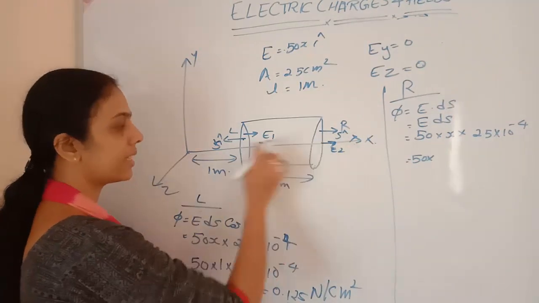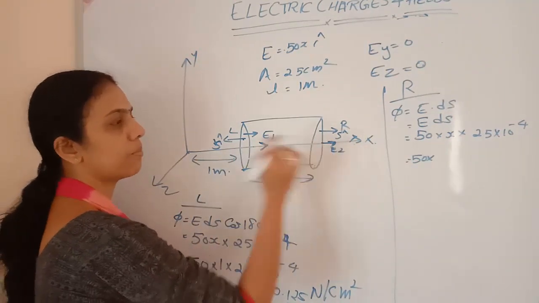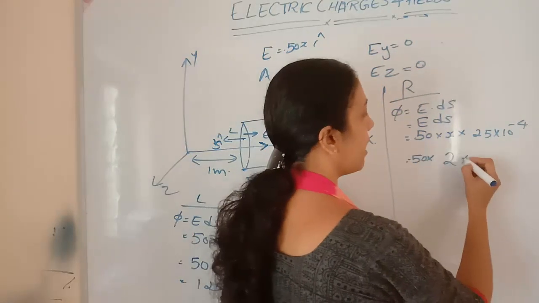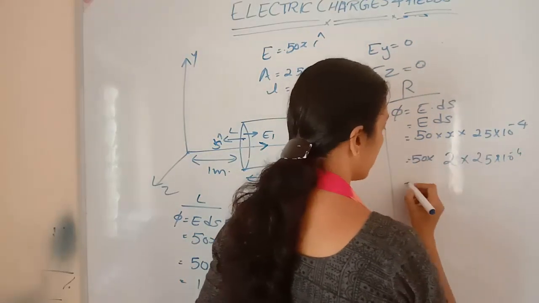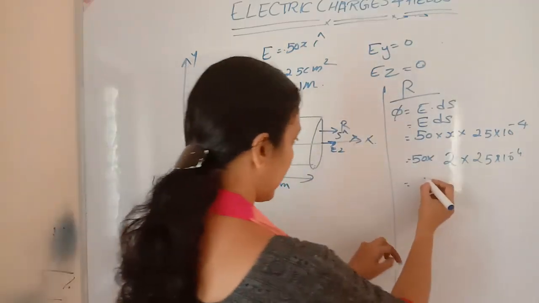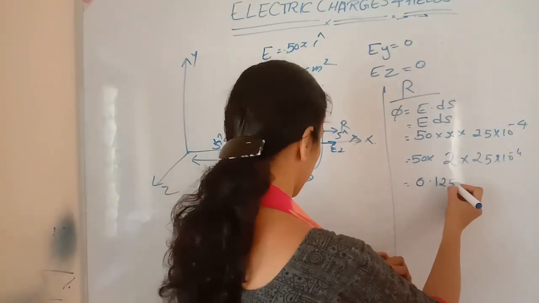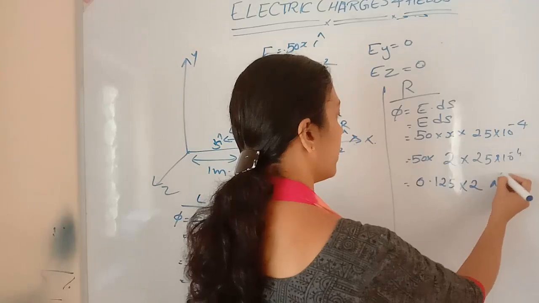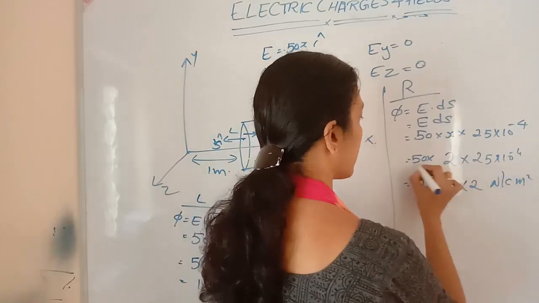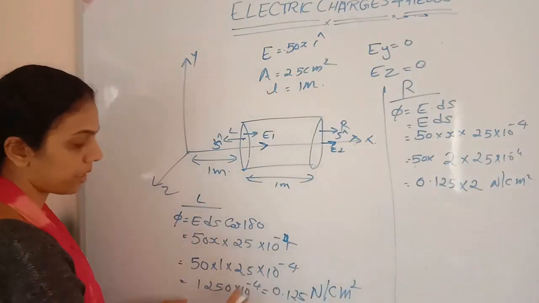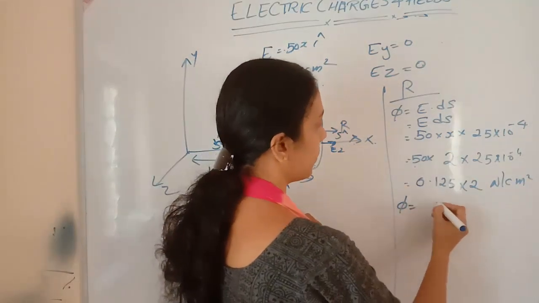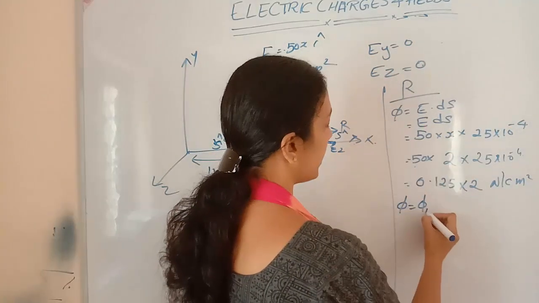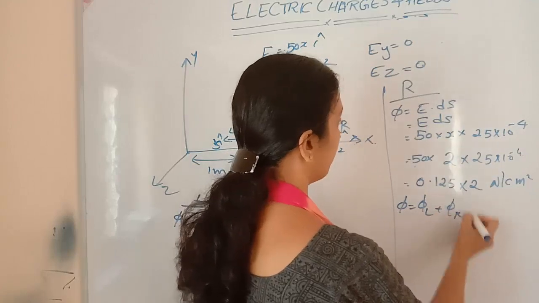So this right side is at a distance of 1 plus 1 meter, that is 2 meters. So we will get, the same way, 0.125 into 2 Newton per coulomb meter square, because 50 into 25 into 10 to the power minus 4 we already did, right? So let it be like this. So total flux will be equal to phi L plus phi R.